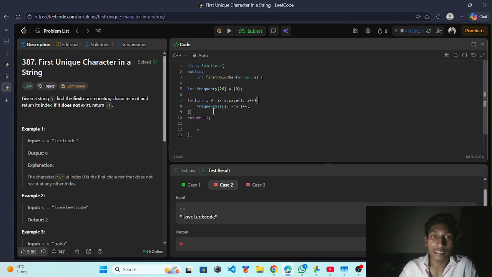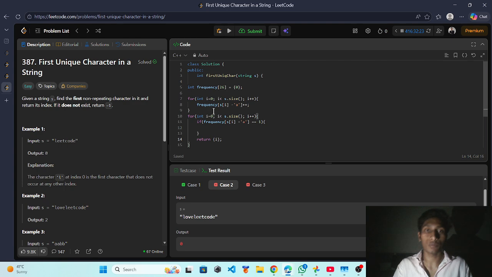We have to write another for loop, int i equal to 0, i less than s.size(), i plus plus, and put the check there. That is the main logic: the answer was wrong twice because we had put this line inside the counting loop.